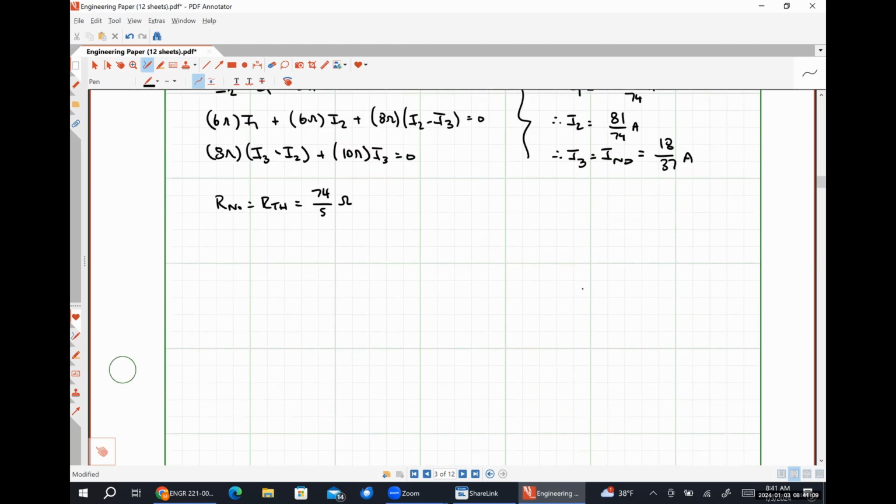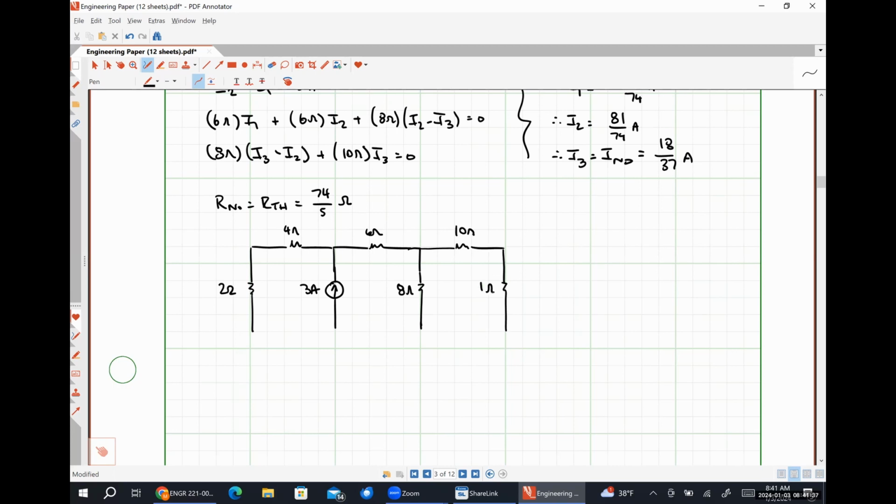So we could say that these two circuits are electrically equivalent as well. 18/37.